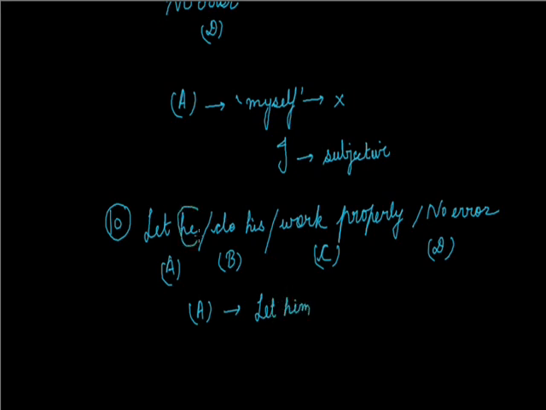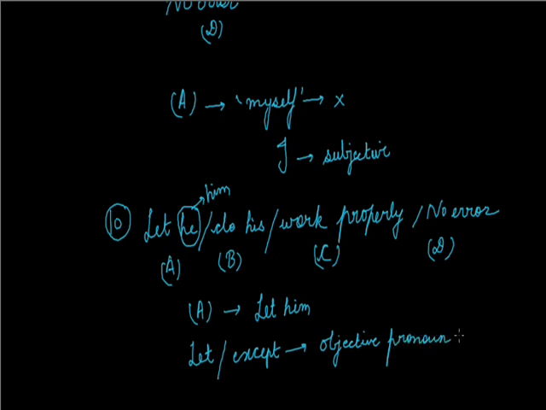So instead of he, there must be used let him. Because let as a verb, except as a preposition, is always used with objective case of pronoun. You can't use subjective pronoun with them.